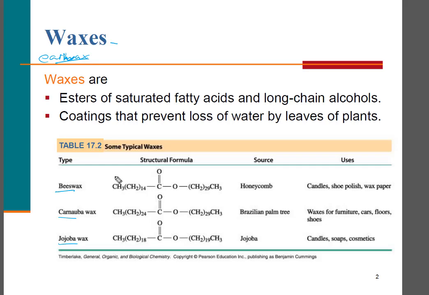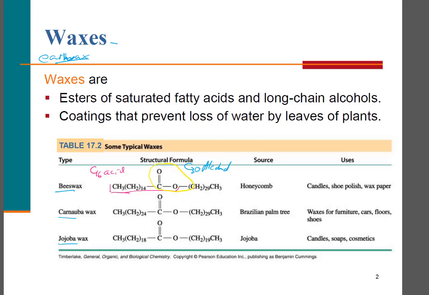It's an acid, so here's the acid group. Let me use red for acid. Right, so here's the acid, a 16 carbon long acid, C16 acid. And then it's esterified to a 30 carbon alcohol. So I'll use blue for the alcohol. We have a C30 alcohol. The ester is this functional group right here.